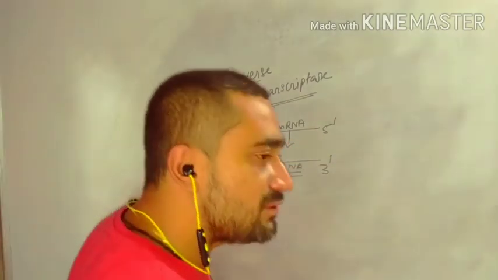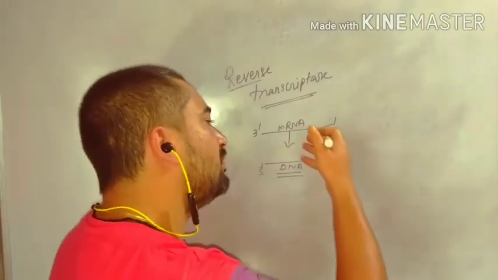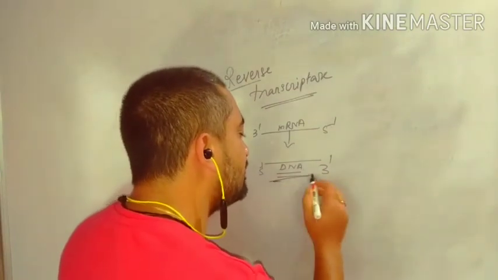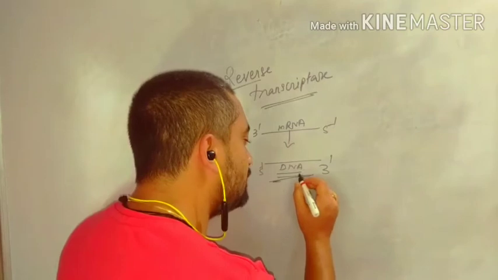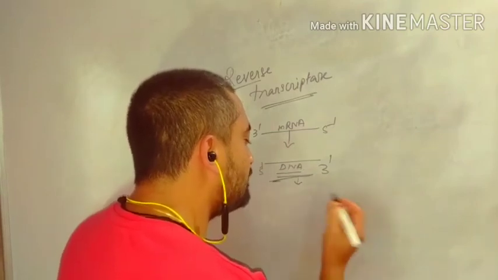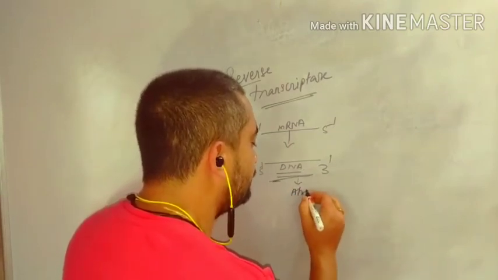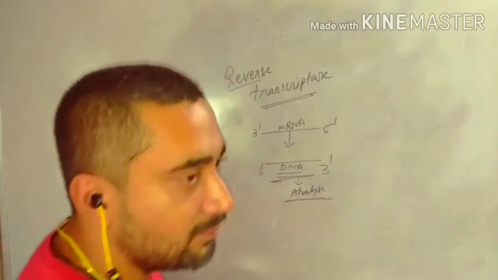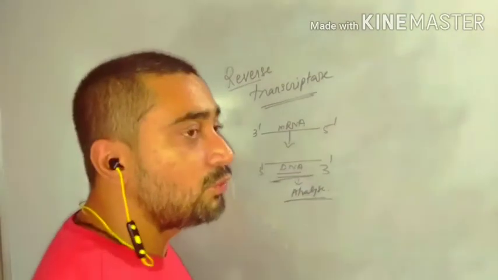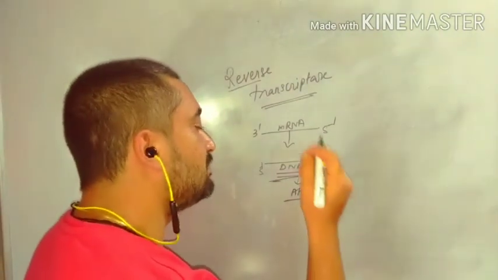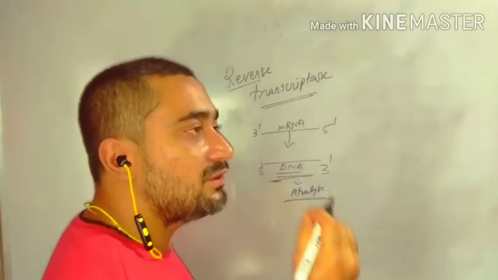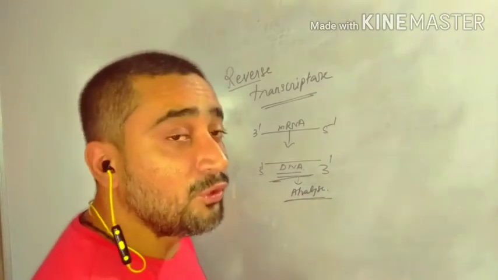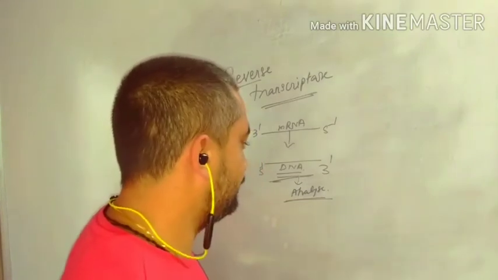Rather than going toward protein synthesis, we can reverse the process and get the DNA sequence. Once we have the DNA sequence, we can analyze the DNA molecule and get to know what the sequence is, and what genes are responsible for the production of human growth hormone.